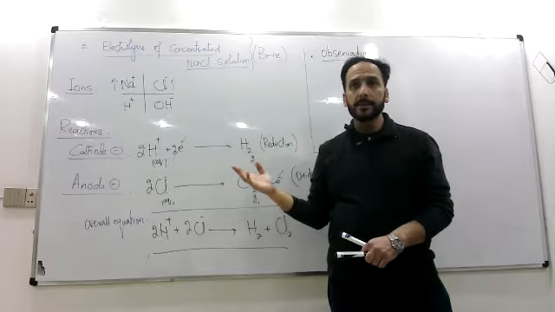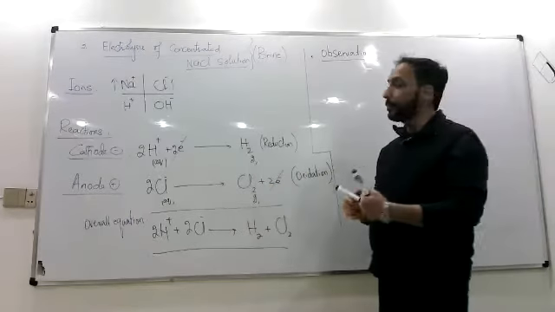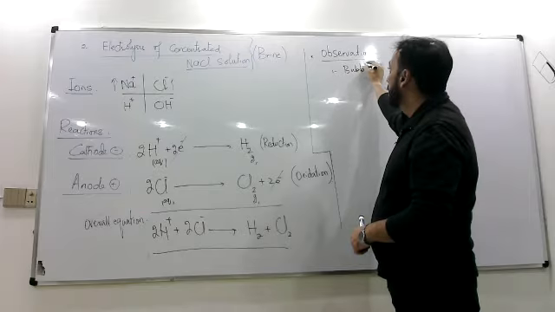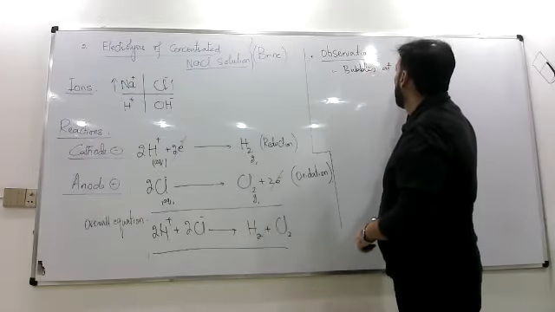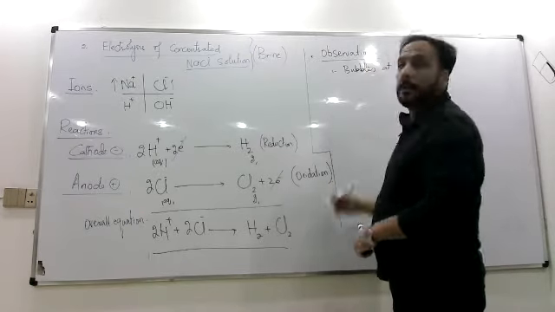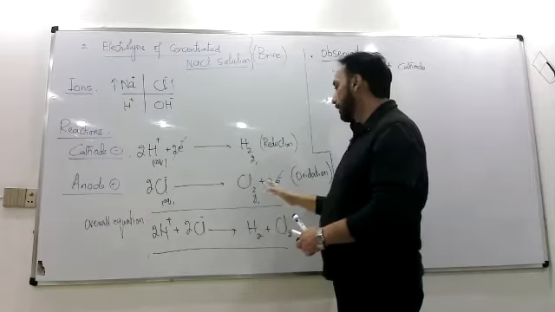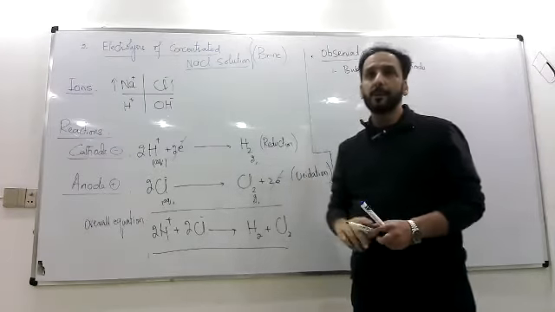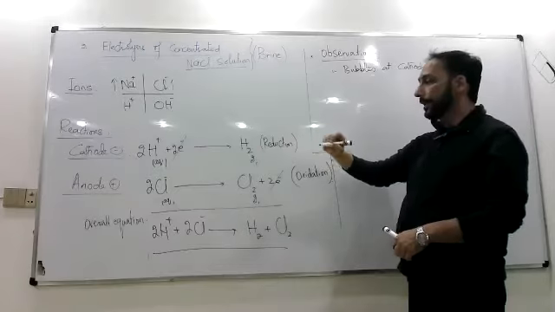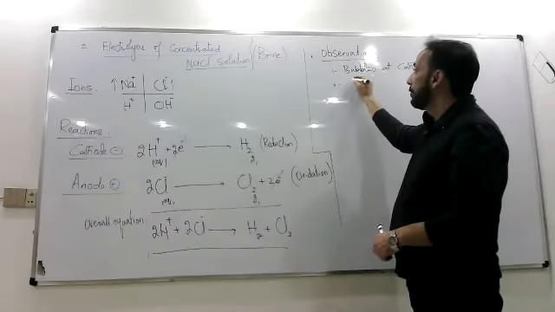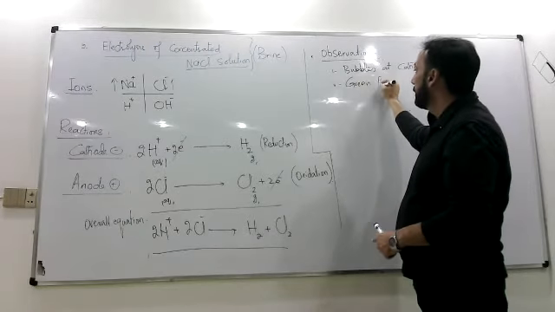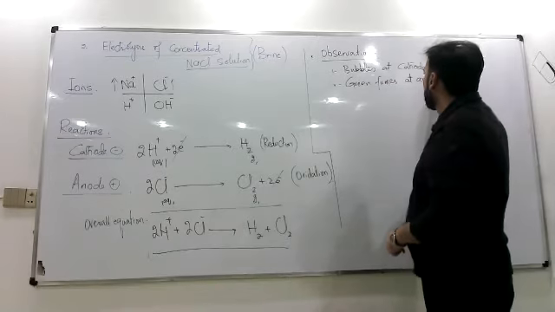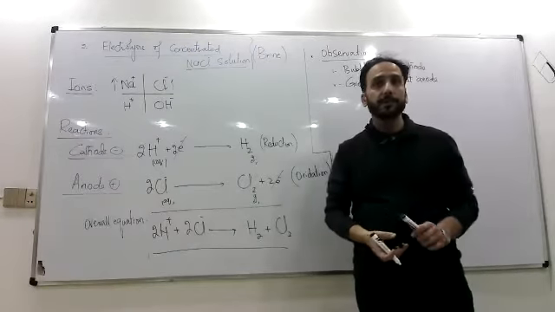Hydrogen gas is a colorless gas, उसके लिए हम सिर्फ bubbles लिखेंगे. So bubbles at cathode. And then chlorine is formed around the anode, and chlorine is a green gas, right? So we write green fumes at anode. So these would be the observations.